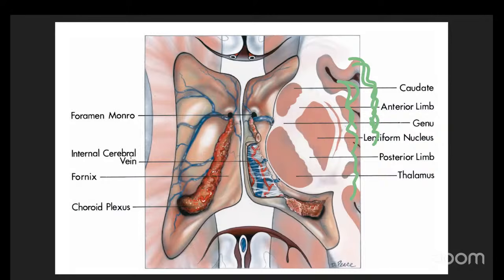So somewhere around here, obviously it's not going to be accurate, it's only going to be our imagination, we are going to have the inferior frontal gyrus, which has been taken away. Then we are going to have the short gyri of insula. When we go deep, we are going to find all the core basal ganglia structures that we have covered very thoroughly: the extreme capsule, claustrum, the external capsule, the putamen, the lentiform nucleus, the globus pallidus, etc.